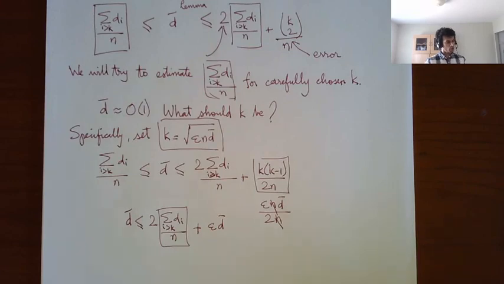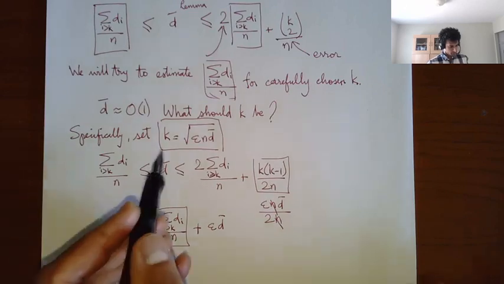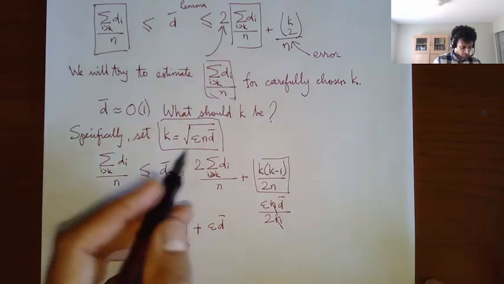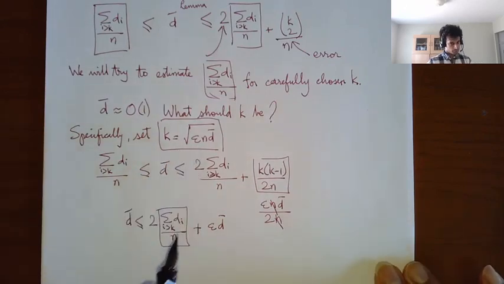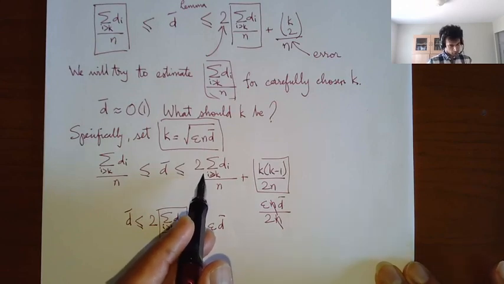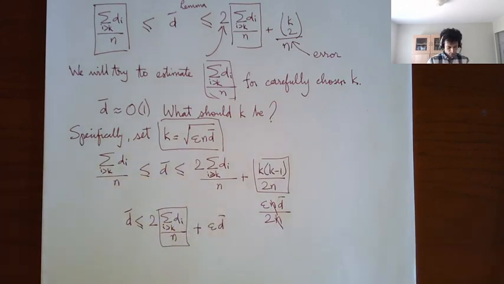It is not going to actually appear in the algorithm itself. So this is my choice, and this is where the root n comes from, and this is where the 2 factor comes from. Okay. Any questions? Okay.